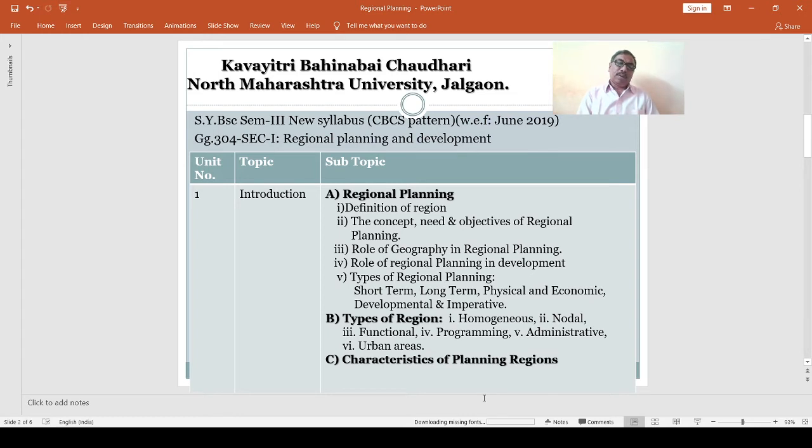Then the 20th century began with the formation of a school of regional geography based on the work of Vidal de la Blache and other French geographers.